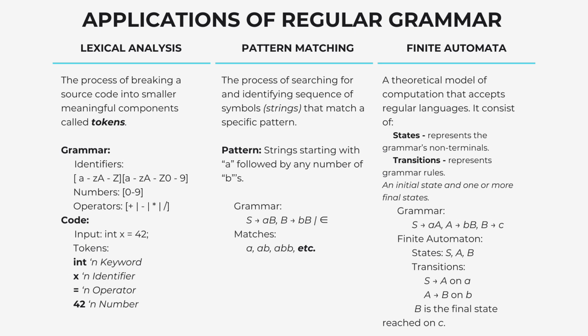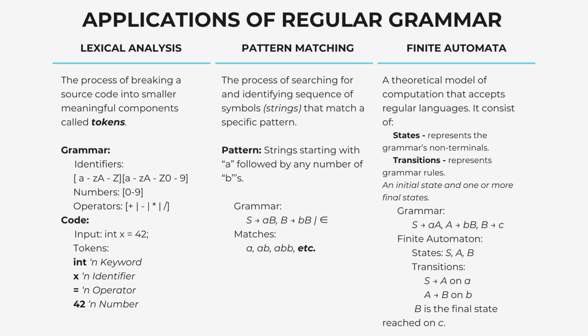Finite automata are a theoretical model of computation that accepts regular languages. They consist of states that represent the grammar's non-terminals, transitions representing grammar rules, an initial state, and one or more final states.